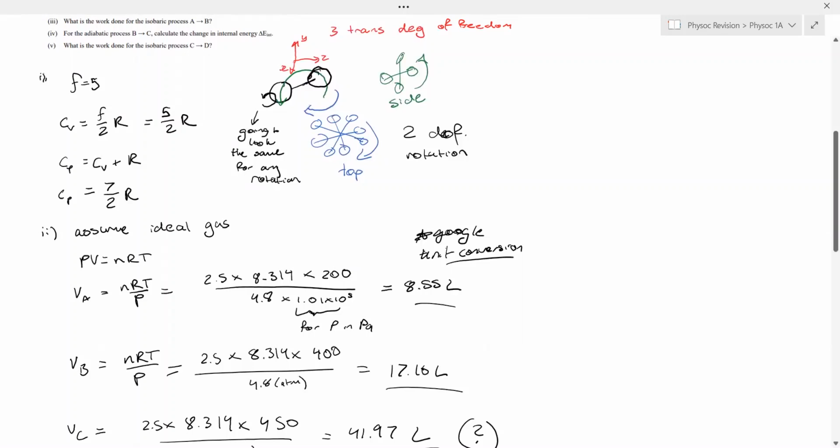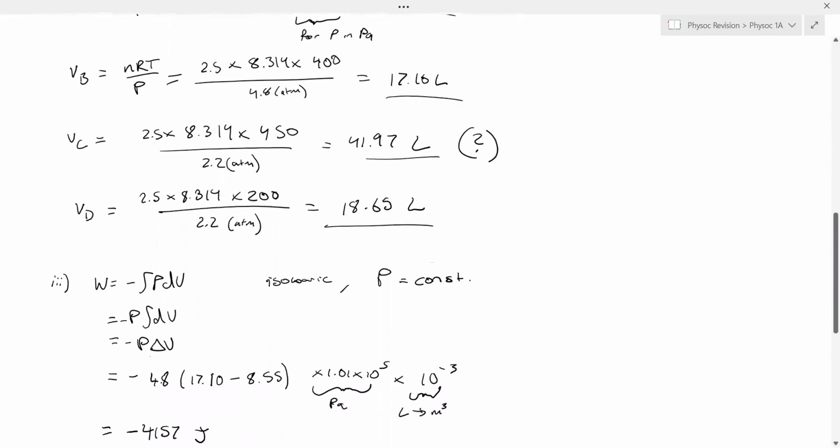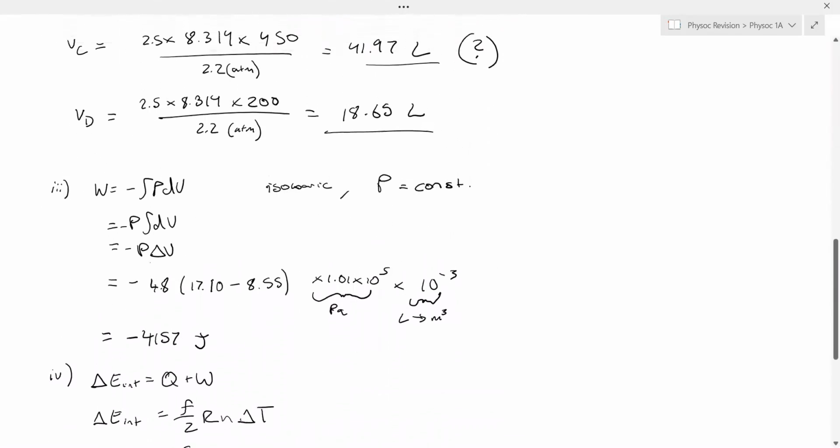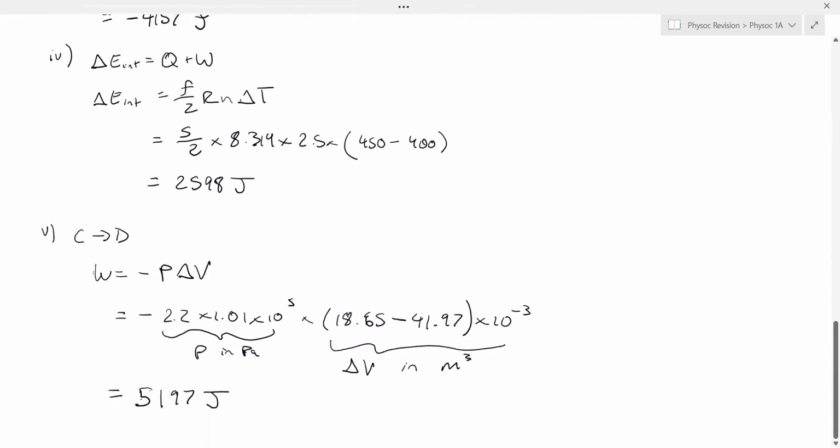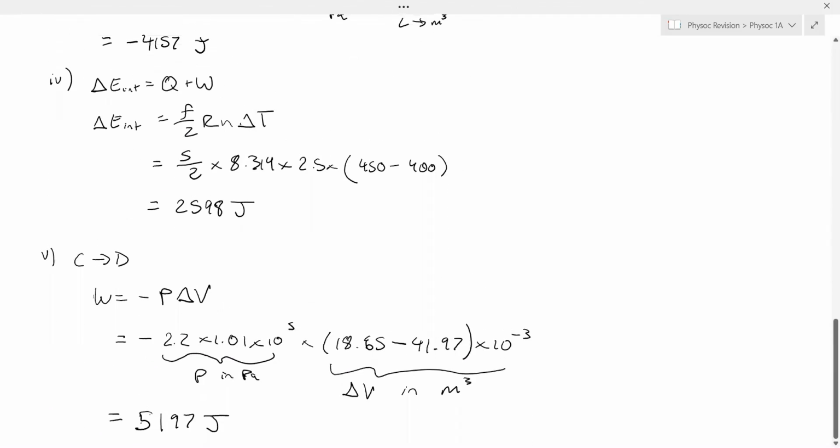And then also that work formula using the integral, and then also our change in internal energy. They're pretty much the only equations that we'll use in the thermodynamic cycles or the PV diagrams. You will hardly ever use some sort of formula for Q, just because it's really hard to pick what Q is in a gas.